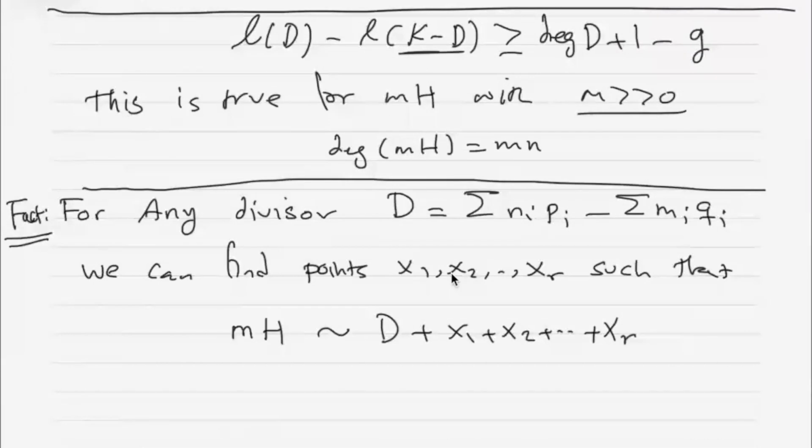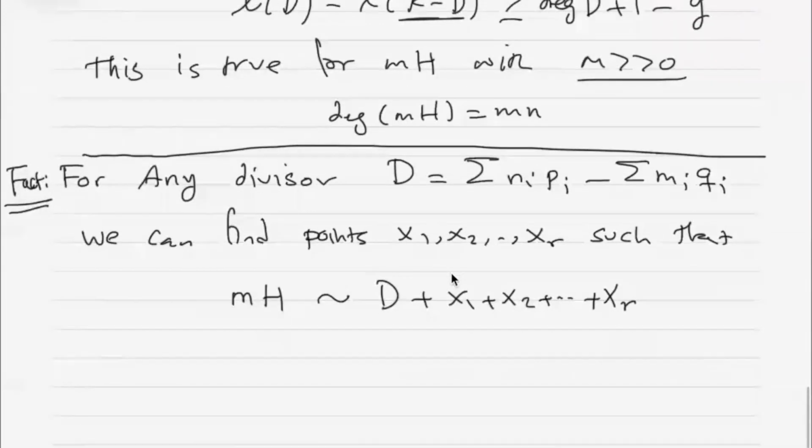In other words, I can make MH equivalent to D with some additional points added to it. Let's try to prove this.